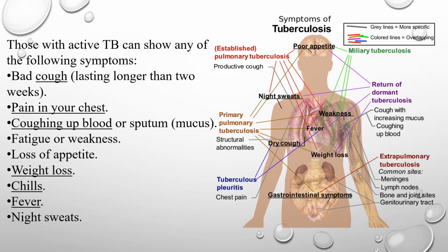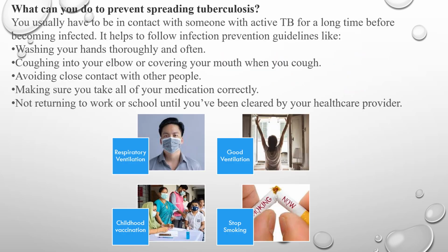So, coming to the prevention methods, how can you prevent tuberculosis from spreading to others? First, BCG vaccination, which is very important in the early phases, and protective measures such as respiratory protection and ventilation, as the picture says. As we all know, everyone is now familiar with the mask. So people need to wear a mask, which is a preventive method for spreading the infection.